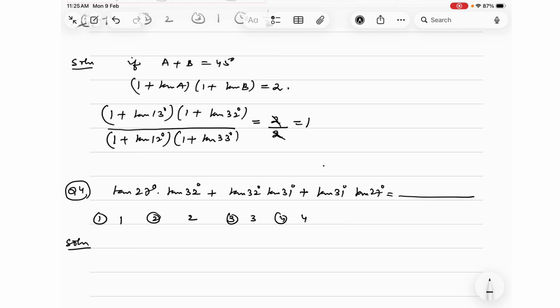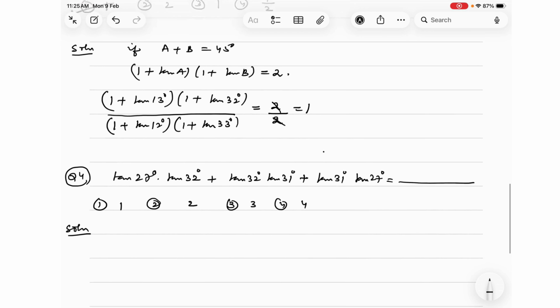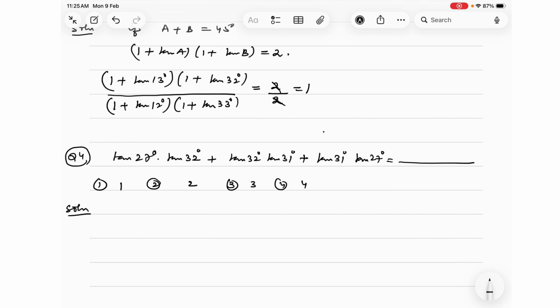Now if you observe this problem very carefully, you will find 27 degrees plus 32 degrees plus 31 degrees.